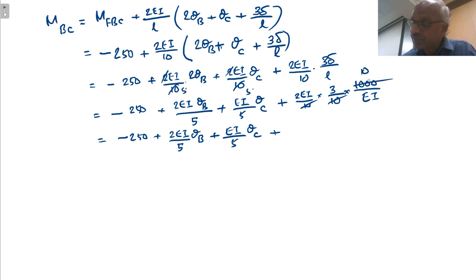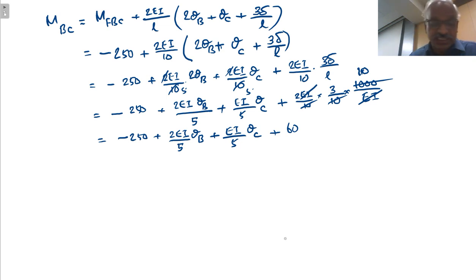10,000 will give you 10. 2 into 3, 6 into 10 equal to 60. So this will give a value equal to 60 because EI and EI will get cancelled.